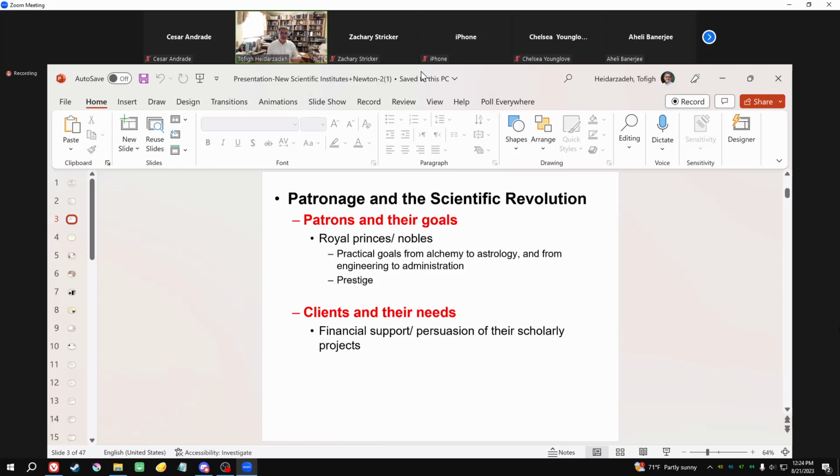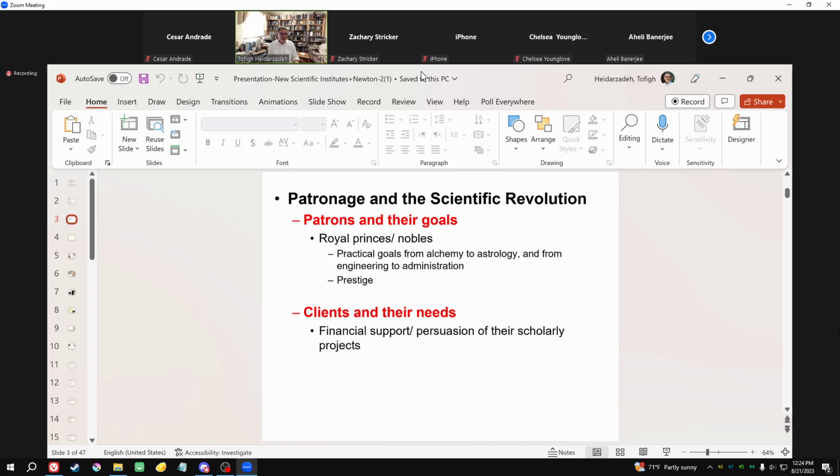At the same time, these people gave prestige to these courts. Obviously, it was a great achievement if you had Michelangelo in your court, if you had Galileo in your court, if you had Da Vinci in your court, or people like that, like you hire Descartes. The Queen of Sweden hired Descartes as her personal philosopher.